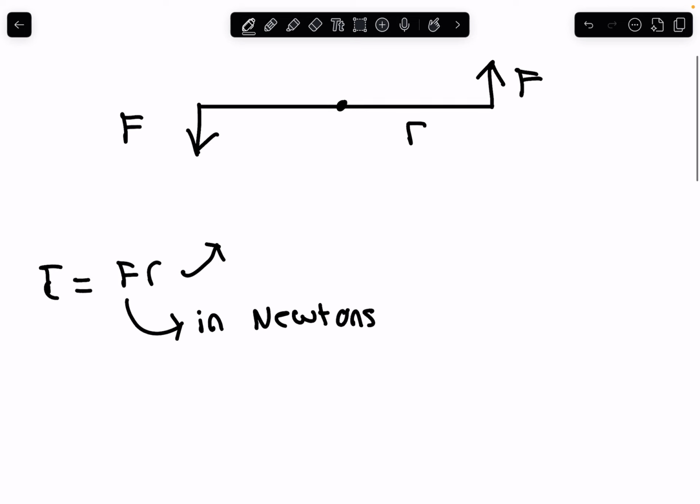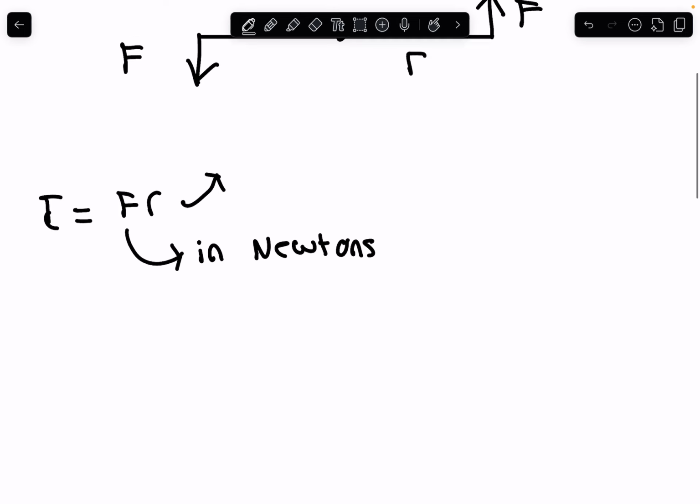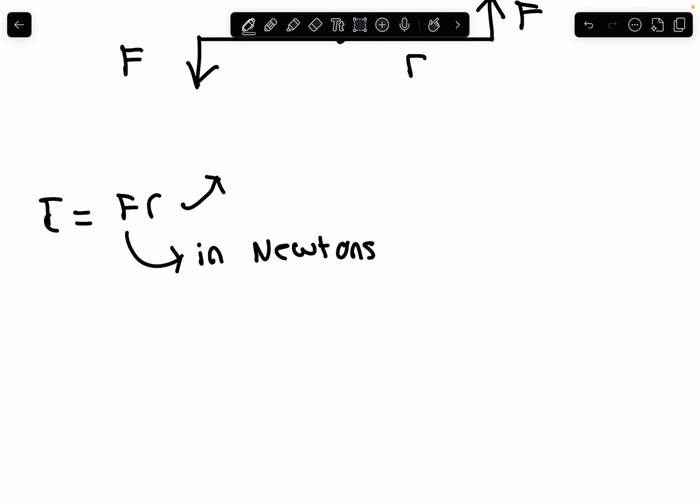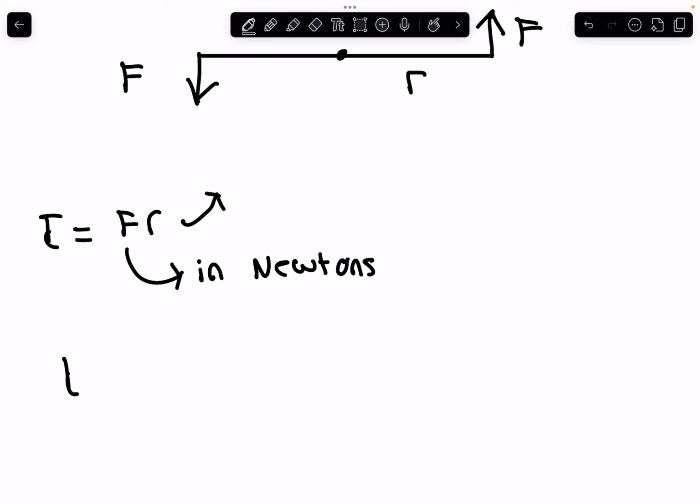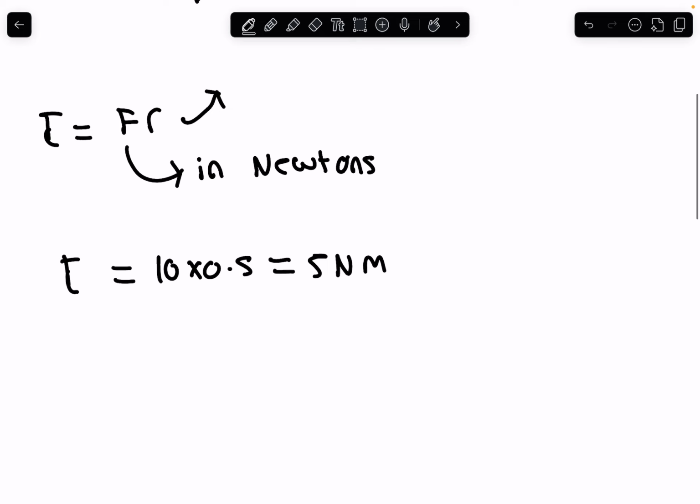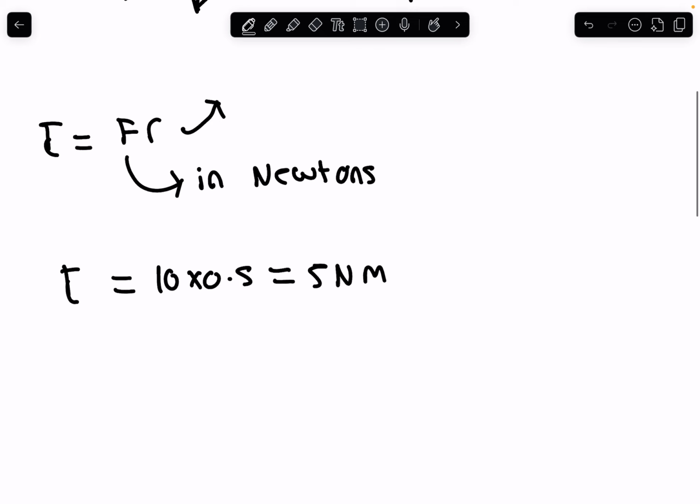So when you apply a force on a door, let's say 10 newtons at a distance 50 centimeters from the pivot, you are applying a torque of 10 times 0.5, since we use meters, equals 5 Newton meters. So torque is the force applied at a distance r from a pivot point.